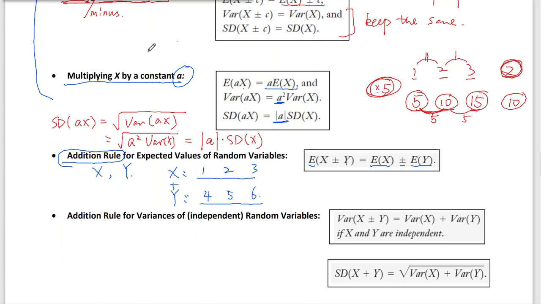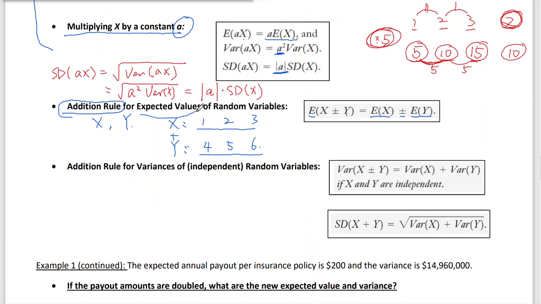All right. This is about the expected value, right?